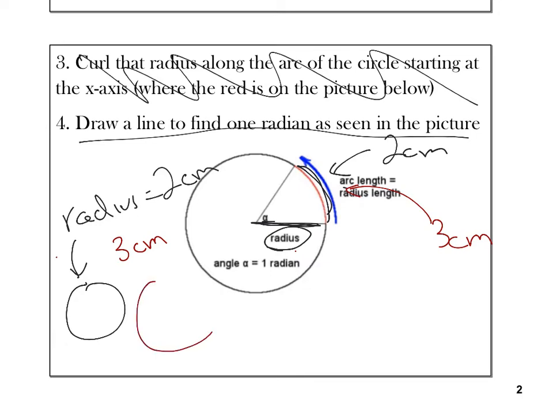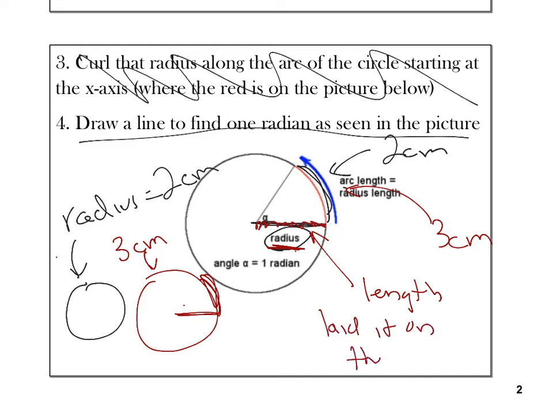As the radius gets bigger, the arc length would also get bigger. What you're trying to realize is that it's like somebody took this length, whatever it is, and laid it down on the circle. You physically pick it up, and then you lay it down right here, curve it around. That is your arc length.